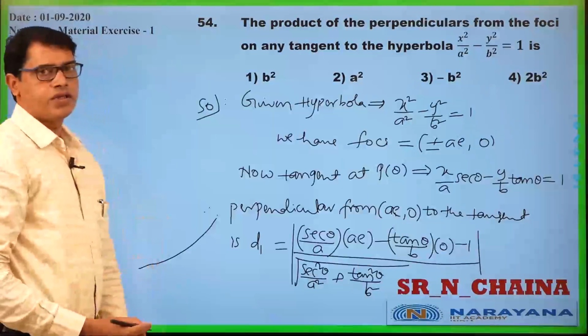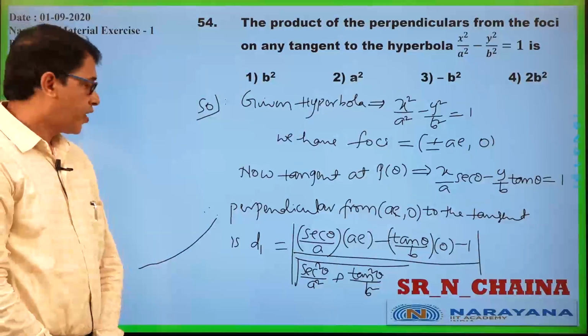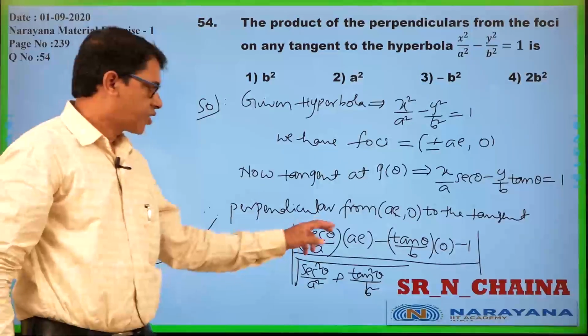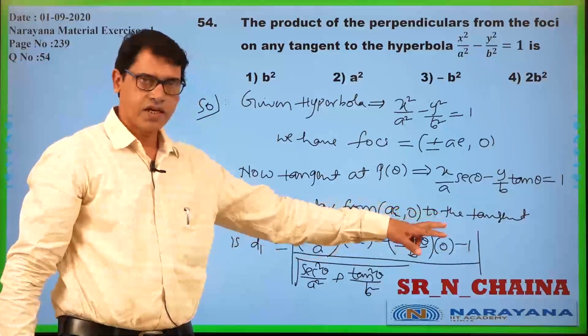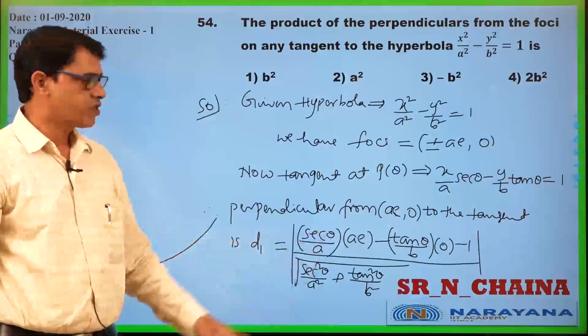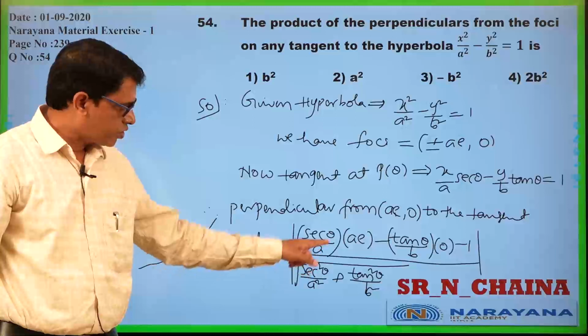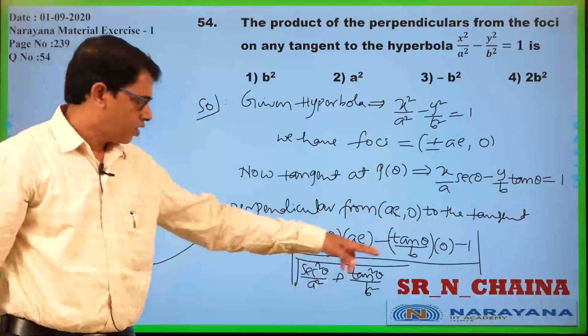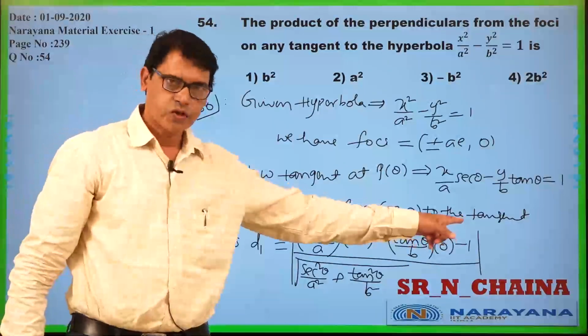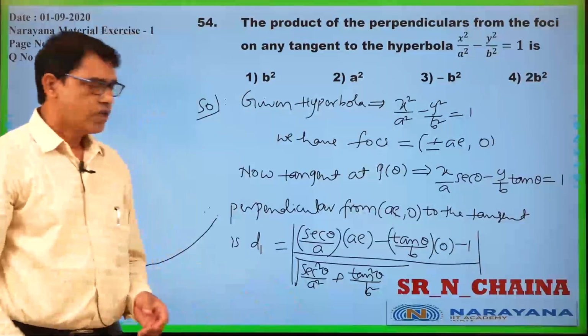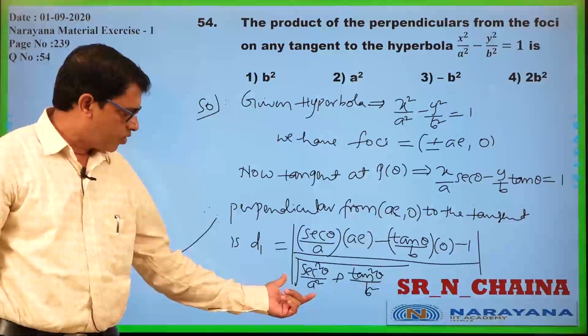Okay. So this is the one perpendicular distance, AX1 plus BY1 plus C by root under A square plus B square. Now if you simplify, here the a cancels out, this becomes 0, then minus 1 remains the same. Look at the denominator.